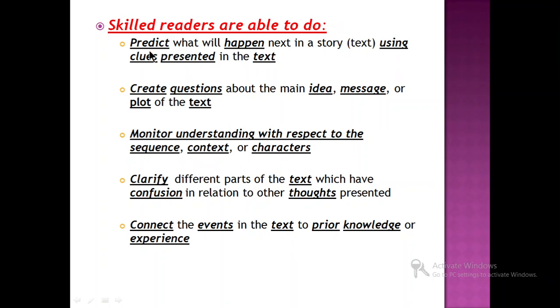So this is what skilled readers are able to do, able to clarify all the doubts, all the confusions which come because of the different thoughts which the writer presented.